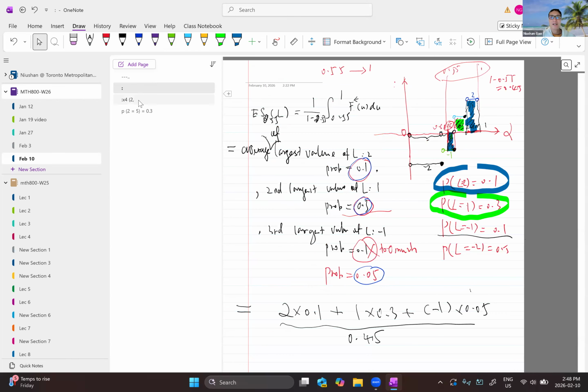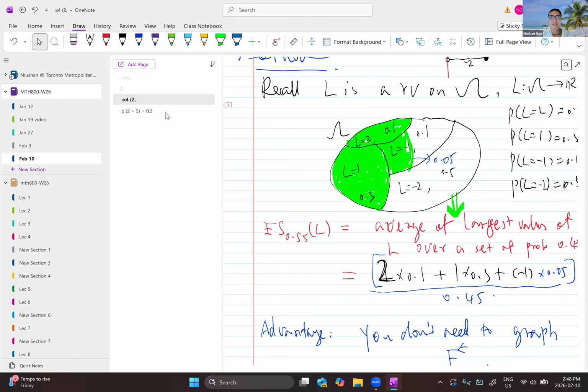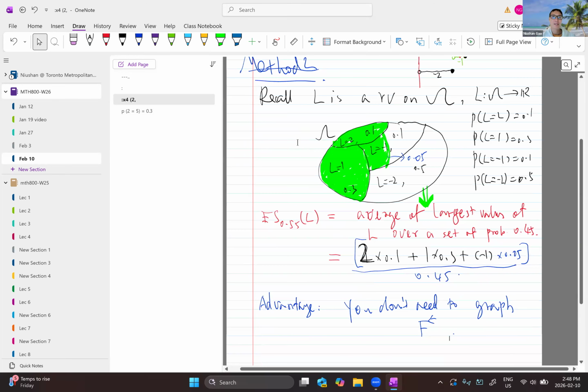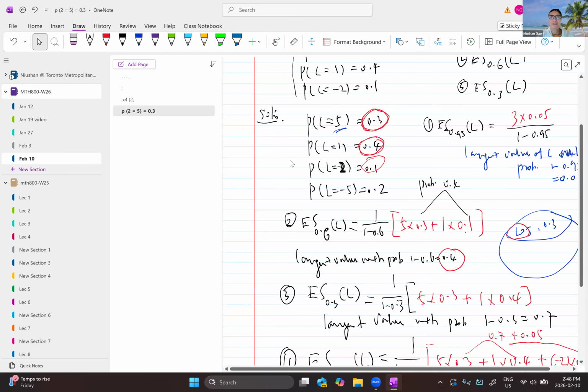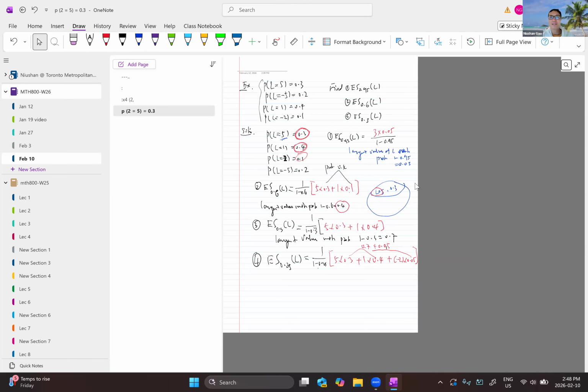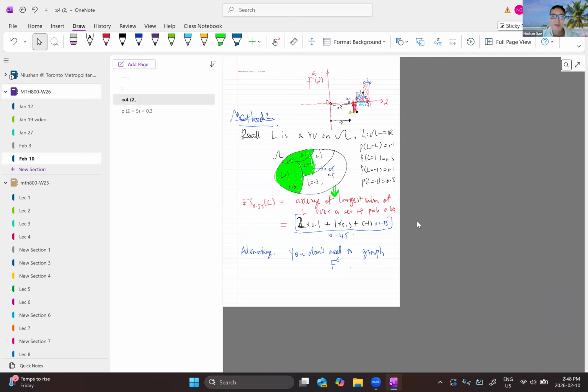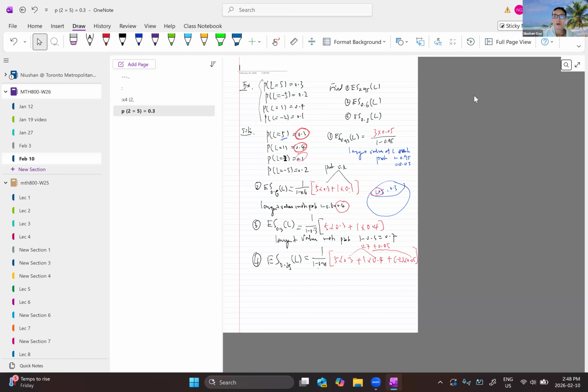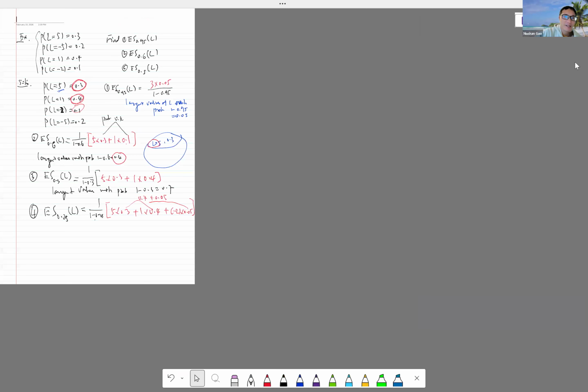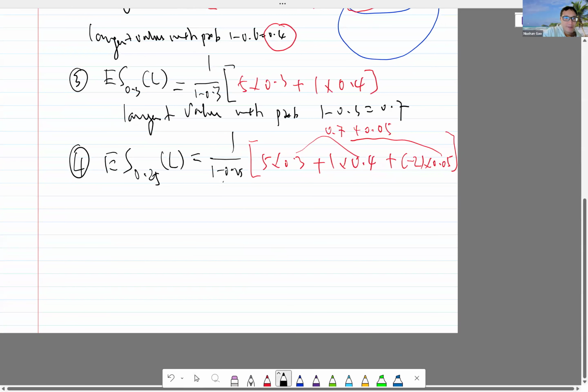The second method is easier because you don't need to draw any graphs. It just uses this assertion. What is my assertion? Maybe I state it as a proposition or theorem. Let me state it as a theorem.